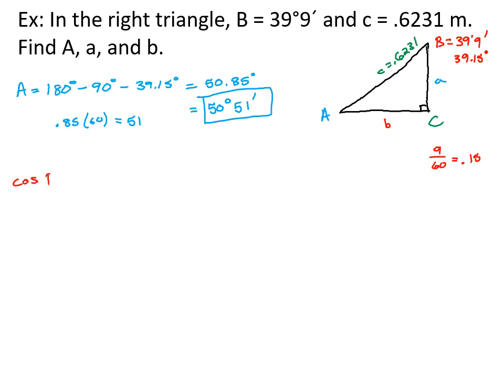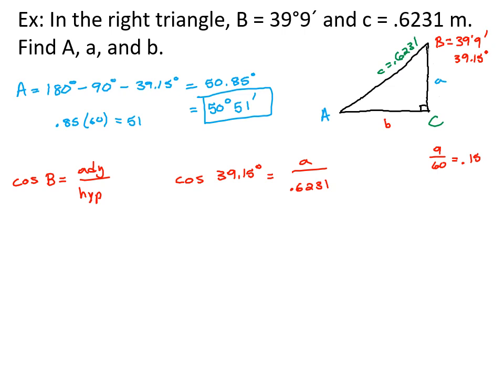I'm going to say cosine of B will be the adjacent over the hypotenuse. And so in our case, I'll have cosine, and I'm going to use the 39.15 degrees because I'll be typing it in the calculator anyway, and we won't have to switch it back to minutes and seconds. So the adjacent would be side A, which is what I'm looking for. The hypotenuse is 0.6231.